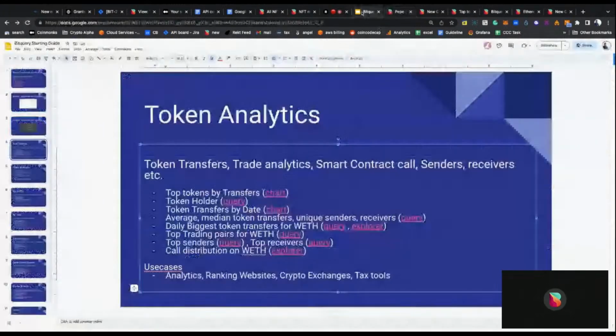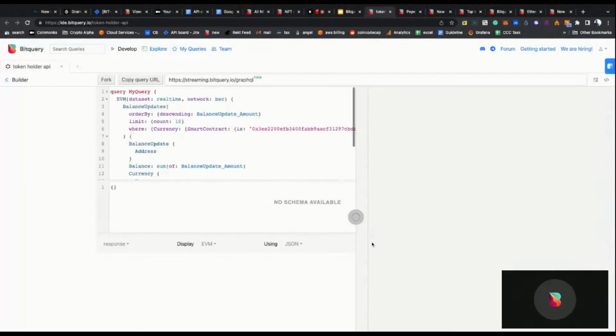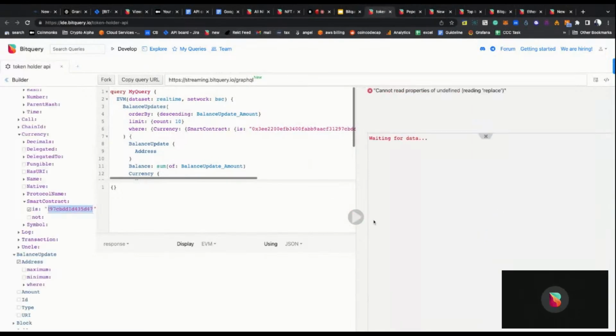Let's go next. You can also have token holder APIs, so you can actually have all token holders for a given token. So for example, let me check.